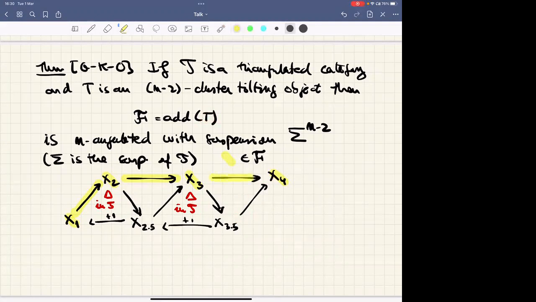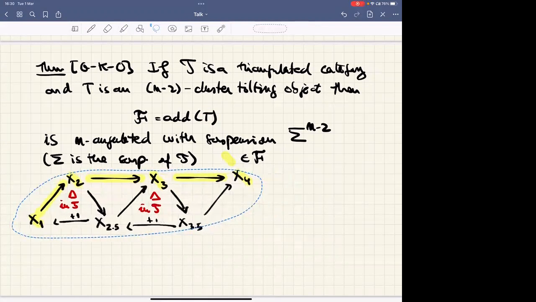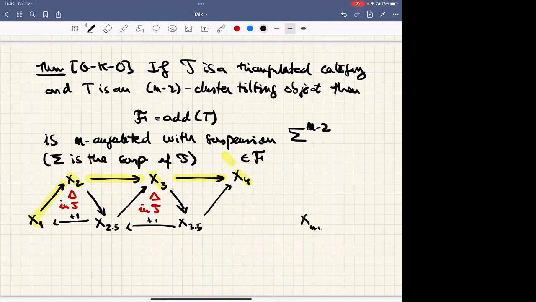So this is something which T regards as an injection. And we keep on doing this all the time. And the thing is that it stops because of the properties of an n-cluster tilting object. So we have here x n minus 1.5, x n minus 1, this map here, which T regards as an injection. We take the mapping cone, and this mapping cone now belongs to T. Okay?